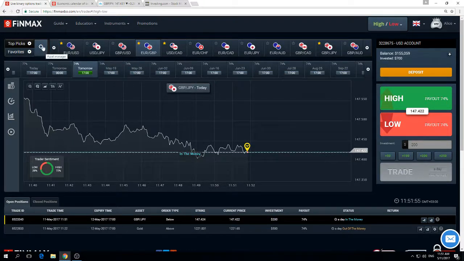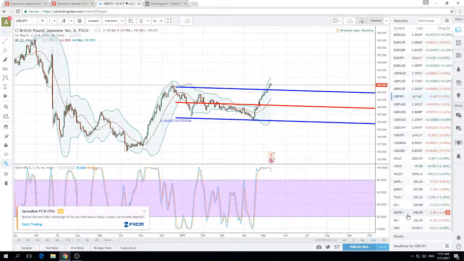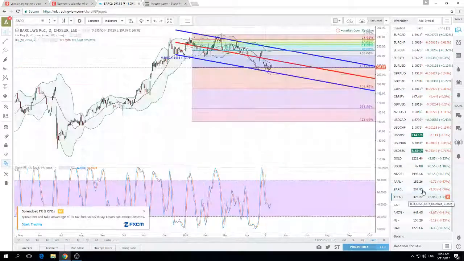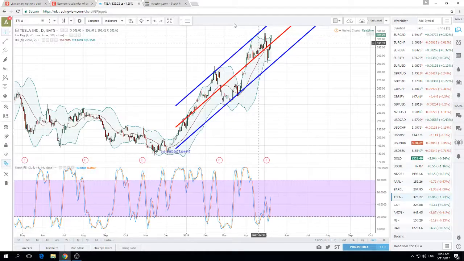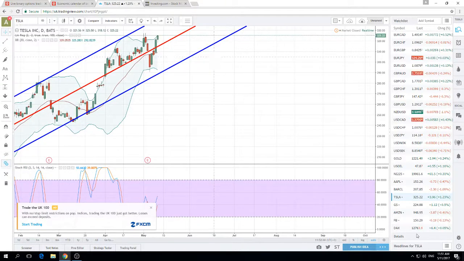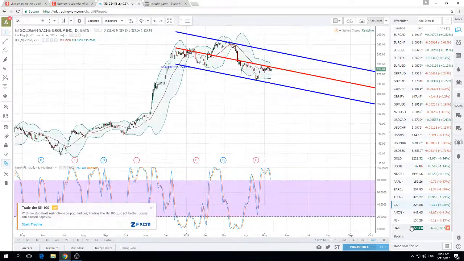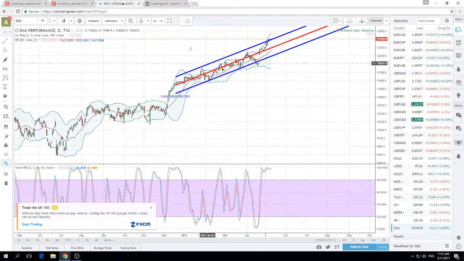Also, right now we have a pretty interesting situation on Tesla. Though the market is closed currently on Tesla, as you see, it's on its highs due to fundamental factors. So there is pretty strong probability for the further movement, for the further growth of this asset.